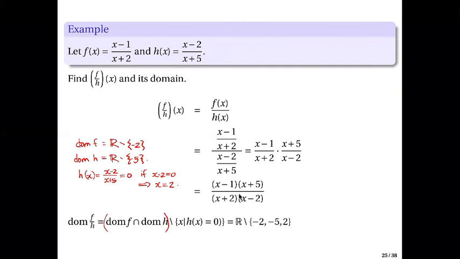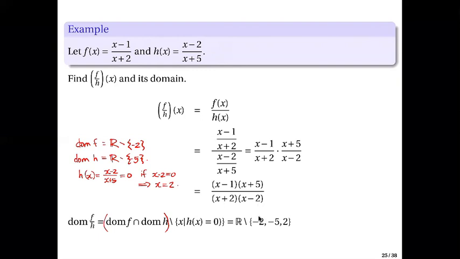Now, look at the simplified version. Your f over h of x is x minus 1 times x plus 5 over x plus 2 times x minus 2. Of course, in this simplified version, you see x cannot be -2 and x cannot be +2.